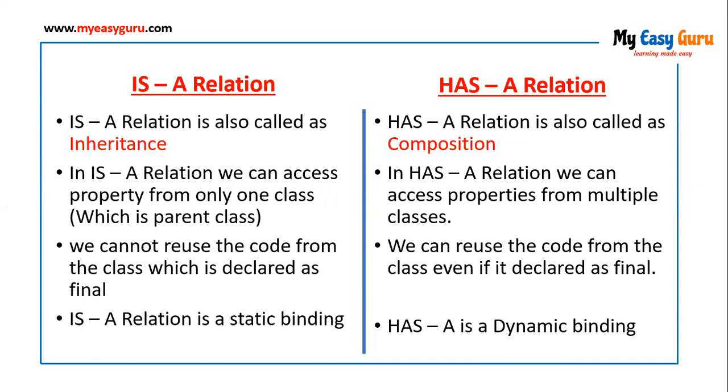In is-a relation, we can access properties from only one class, that is the parent class. And in has-a relation, we can access properties from multiple classes.